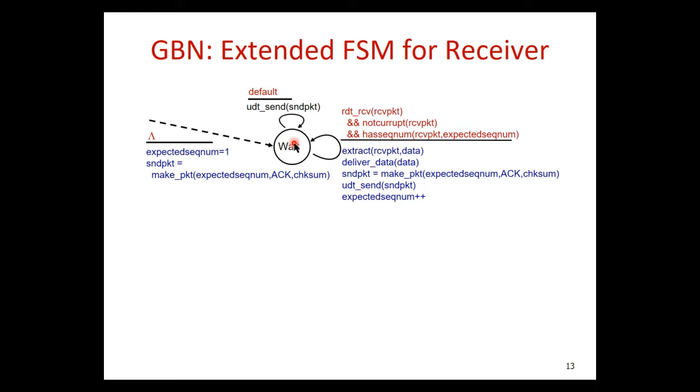So there's a gap: packet 1 and then packet 4. It will send again ACK of 1, the ACK that was built earlier, because it is a cumulative ACK. ACK of 1 means everything has been received without a gap up to packet 1. It discards the packet, does not extract the data, but still needs to send an ACK.